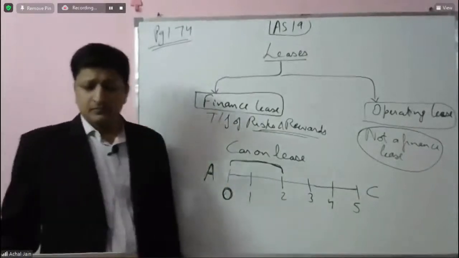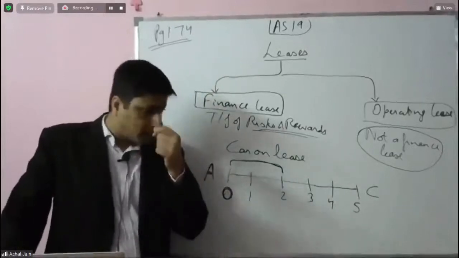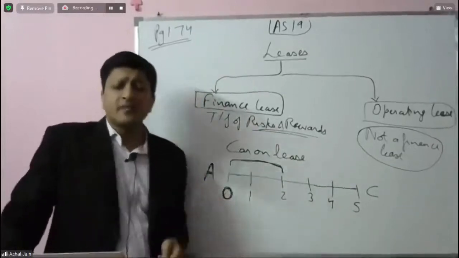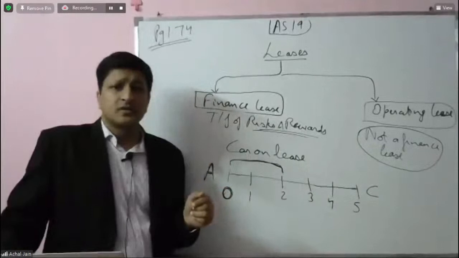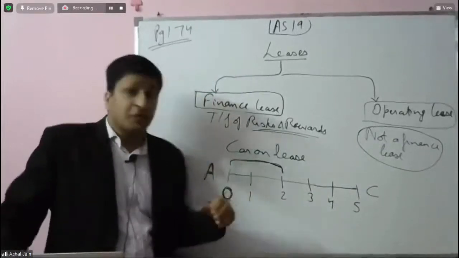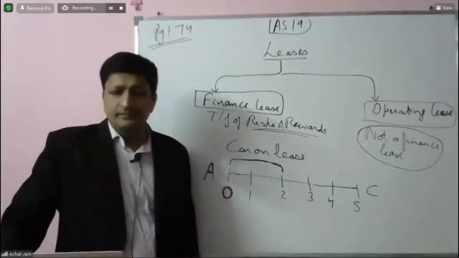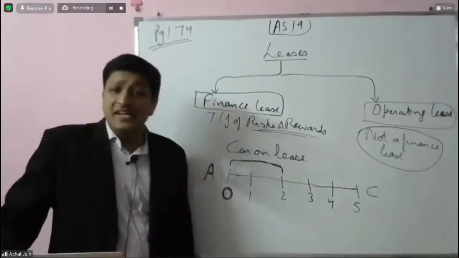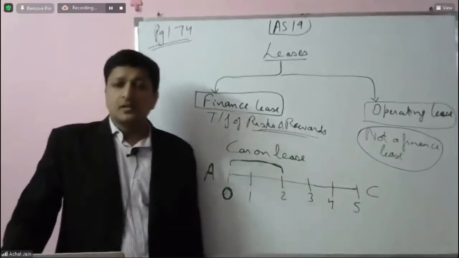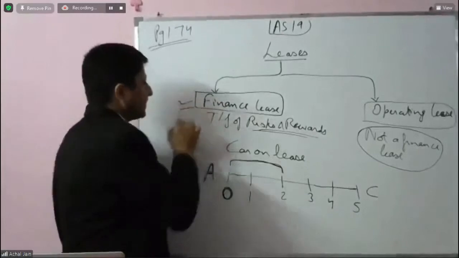Again, no. Is this car of a specialized nature? No. Car can be used by anybody. Fifth, that is about present value of minimum lease payments, but we don't have the numbers to compute it. So that's why we will ignore that. So none of the indicators are taking us to finance lease.